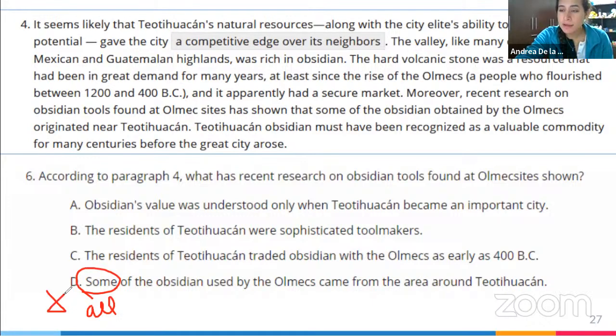That wouldn't be correct because some is not the same as all, right? Always is not the same as hardly, as sometimes, or never is not the same as hardly ever. 100% is not the same as 25% or 75%, right? So careful with those modifiers because they can sometimes make you make mistakes if you don't read them carefully.